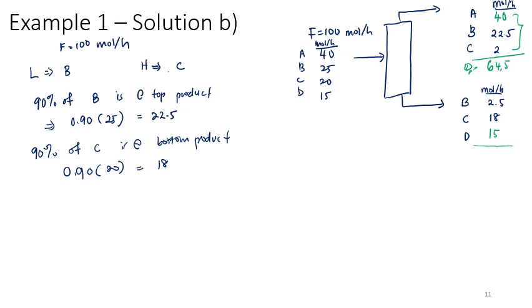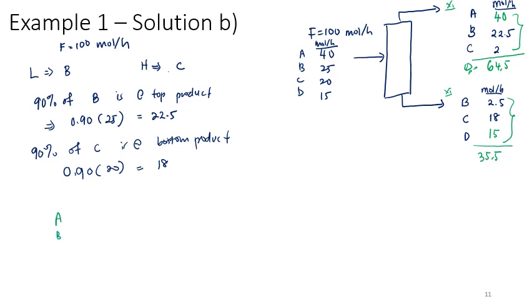And then the mole per hour for the bottom product is the summation of these three, which equals 35.5 mole per hour. As for the composition, you can just calculate the xi at the top and the xi at the bottom. So you can also try to tabulate this into a table.